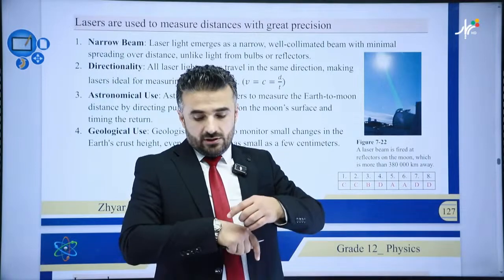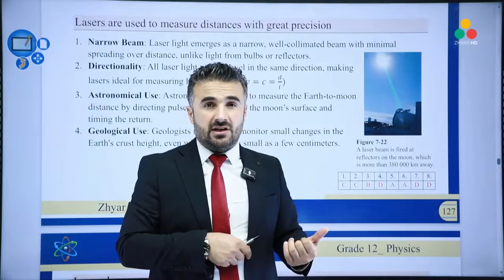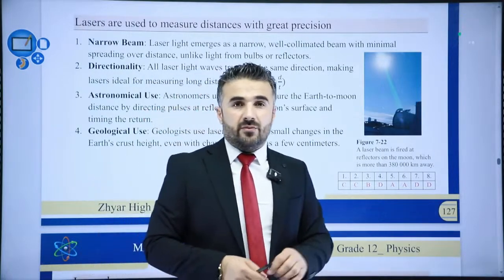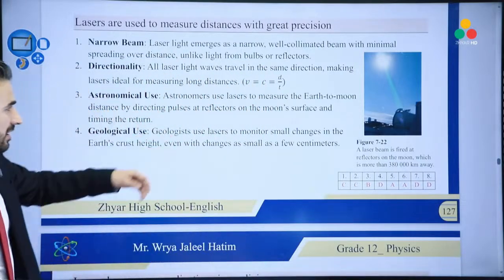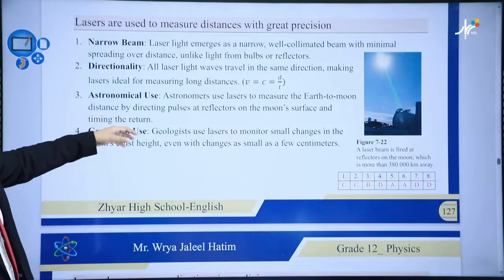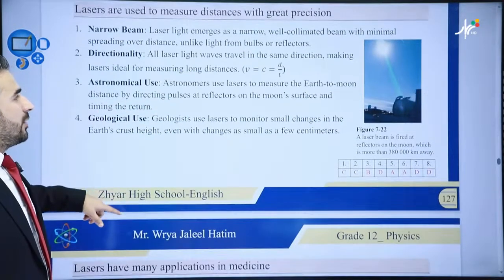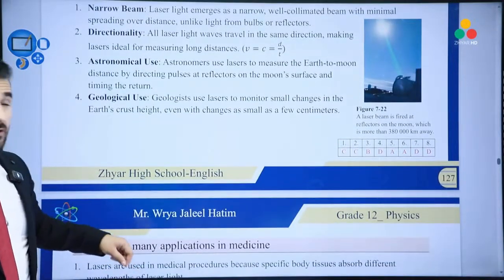Knowing the time it took to go and come back, and the velocity of the laser light, which is the speed of light, we can measure the distance between the Earth and the Moon. That is basically what astronomers use normally. They direct a pulse at reflectors on the Moon's surface, and by timing the return, they can tell the distance.